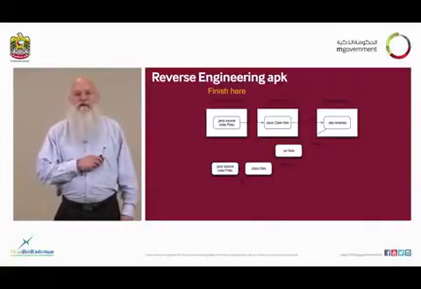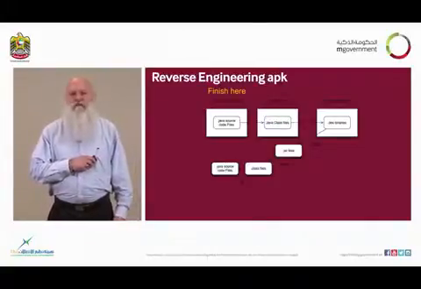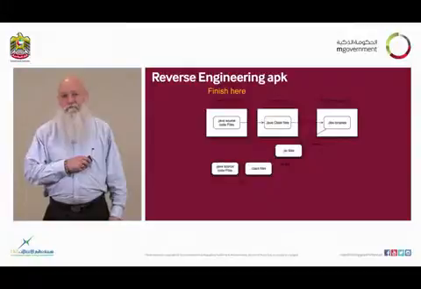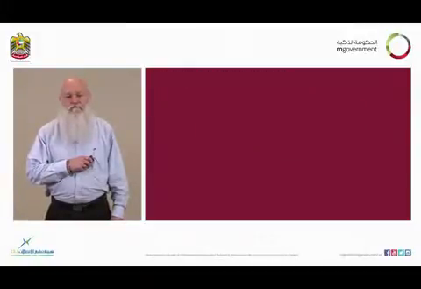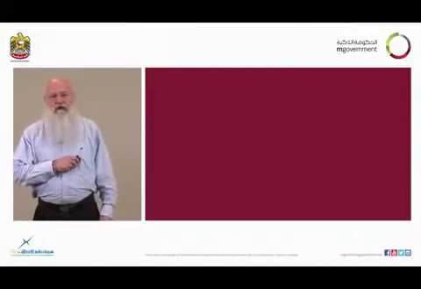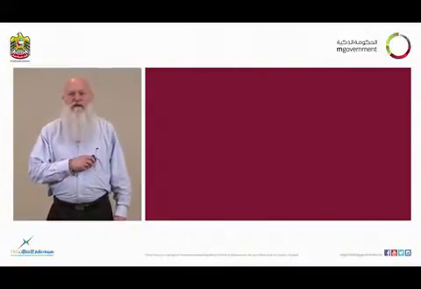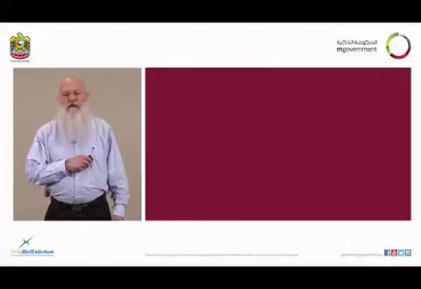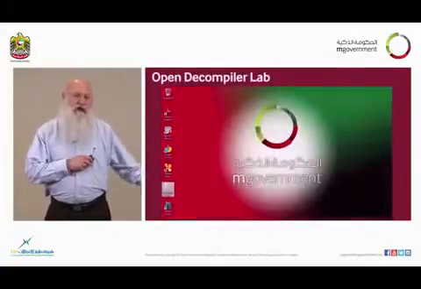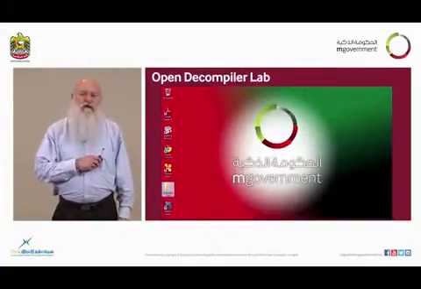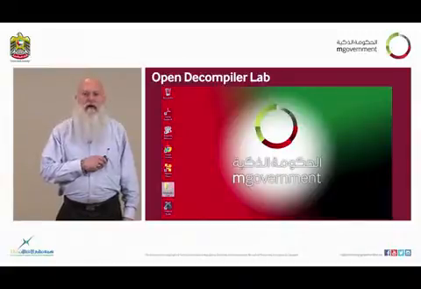Follow along with me as I show you how this works on a Unix command line environment. On your computers, you can duplicate this process using Windows equivalent tools. On your desktop, in the lower left, you'll see a folder labeled Decompiler Lab.